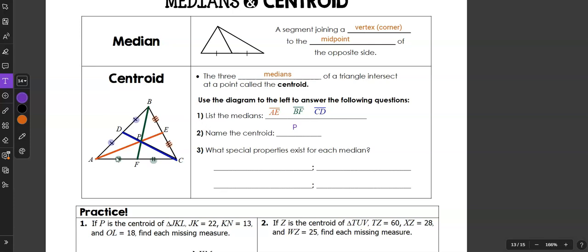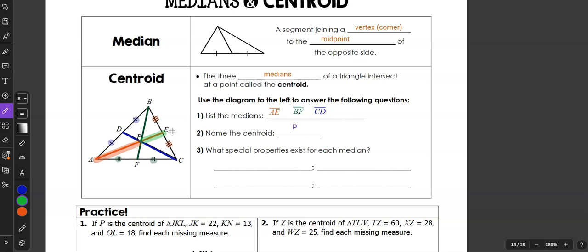To do that, we're going to focus on segment AE right here. It works the same for all of them, but we're going to represent the properties mathematically, focusing on segment AE. Now, the longer portion of segment AE is going to be segment AP right here. That's our longer portion. And then our shorter portion is going to be from P to E. So in this example, if AP were equal to 2 and PE were equal to 1, then AP is twice the length of PE.